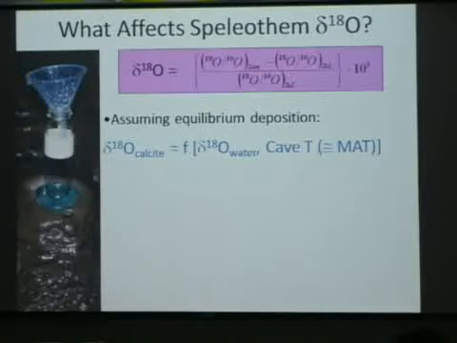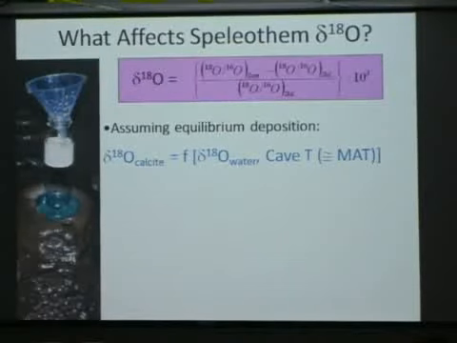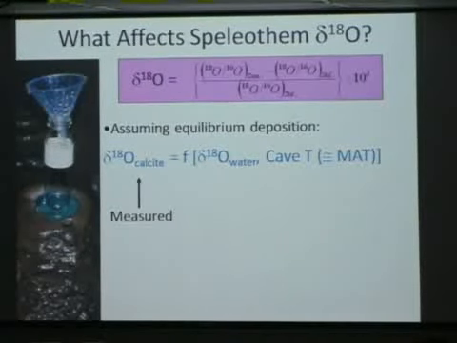And assuming that the calcite precipitates in equilibrium with that drip water, which is generally the case in caves, the delta 18 of calcite then is a function only of the composition of the water and of the cave temperature. So there's a temperature-dependent fractionation between the water and the calcite. So the approach that we tend to use then, of course, is we actually measure the delta 18 of the calcite in a mass spectrometer.